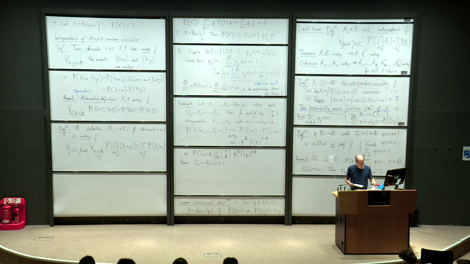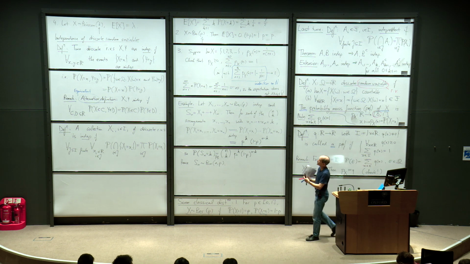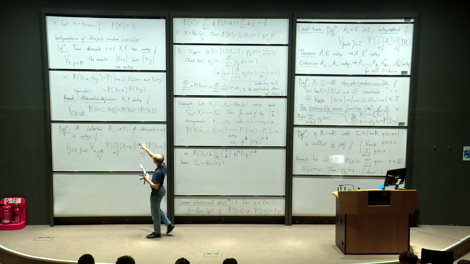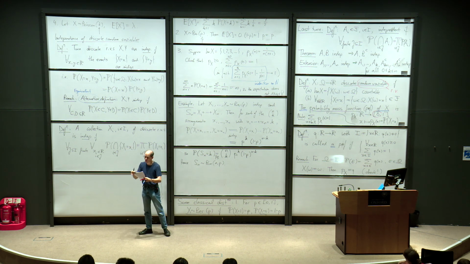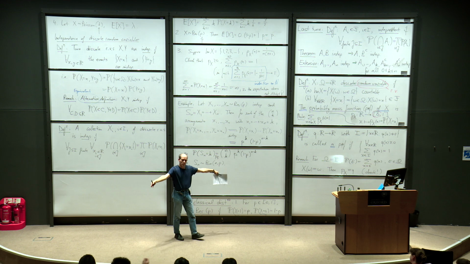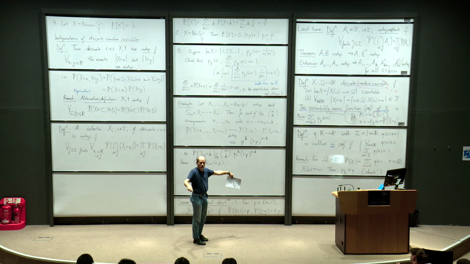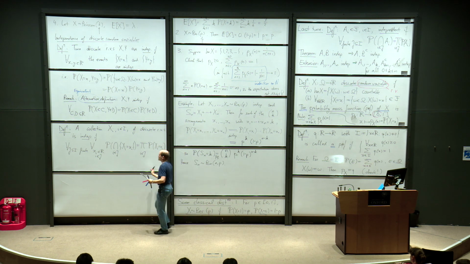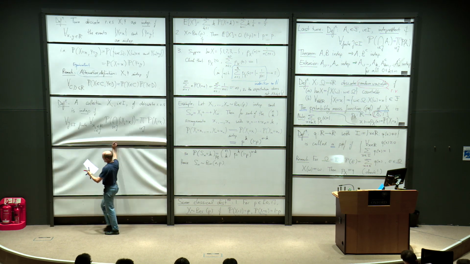So I've got a few minutes, and I think what I should do in those is look a little bit at this idea of having several random variables on the same probability space. It's something that we can do, because if you're given a probability space, just take several functions on that probability space. That will always give you some family of random variables.